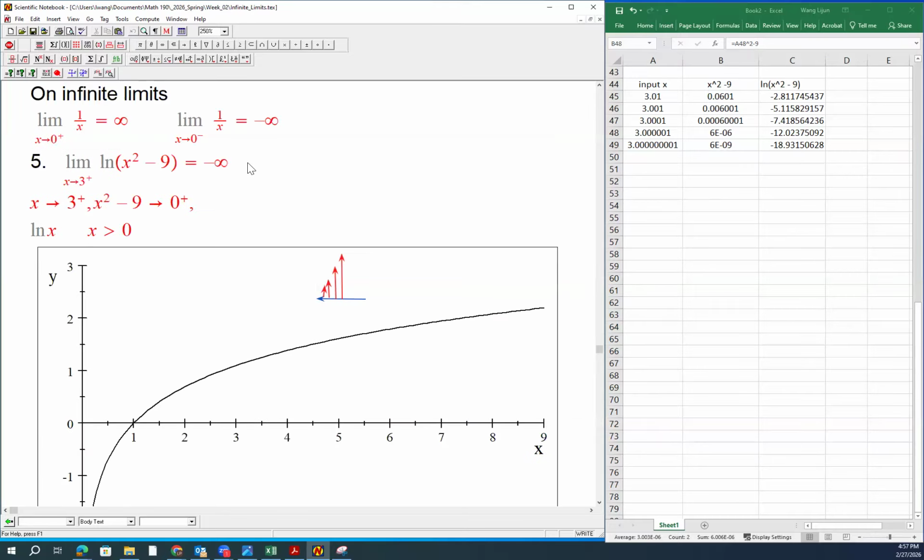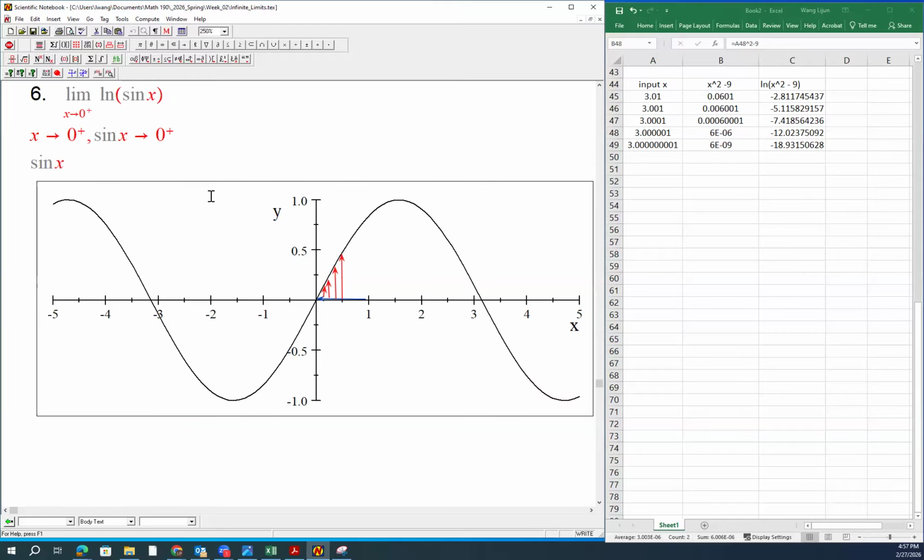So what we analyzed: the input is approaching 0 from larger than 0, so this whole thing is approaching 0 from larger than 0.